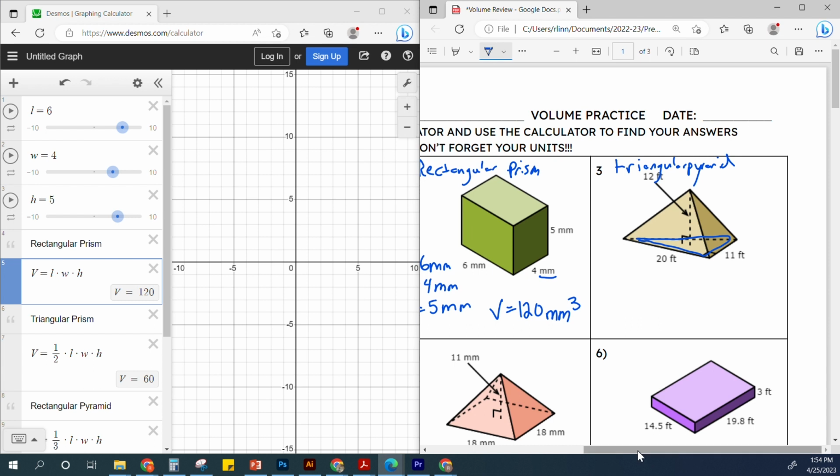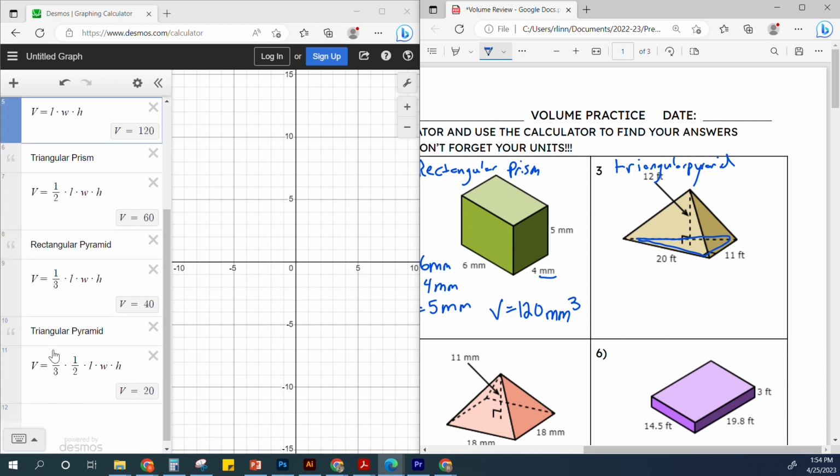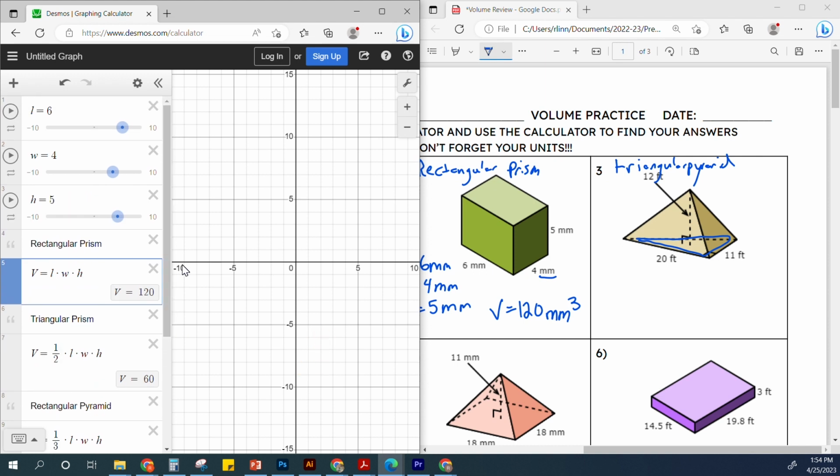All right, so my triangular pyramid, I've got my formula down here at the bottom, so it'll calculate for us automatically. We just need to put in our length, width, and height. So my length is 11 feet. My width is 20 feet. And the height is 12 feet. So let's go ahead and put in those numbers.